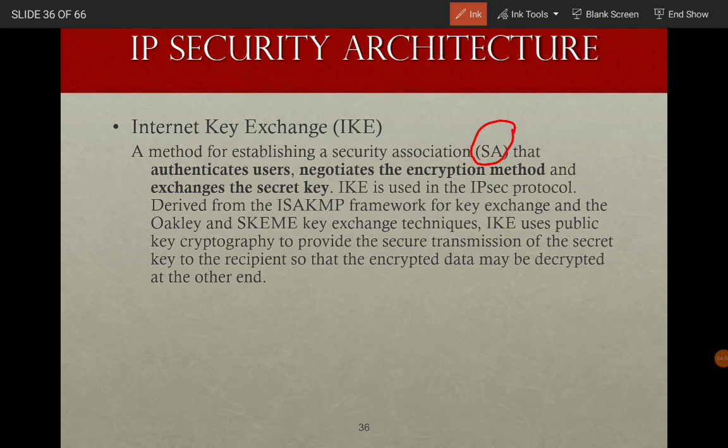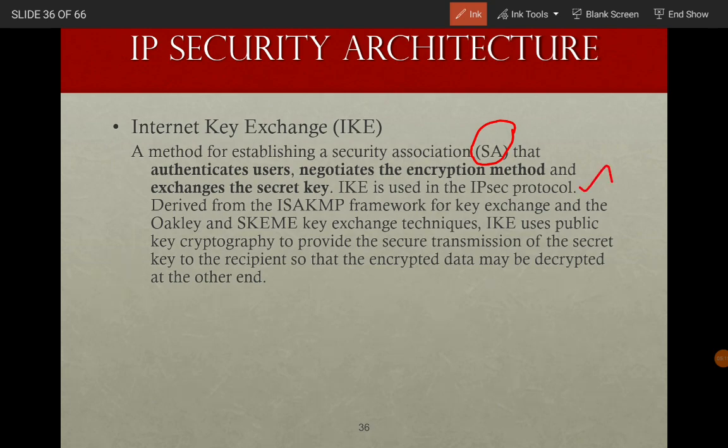That is, before exchanging the secret key, we have to establish a security association. With the help of the security association, we authenticate the users and negotiate the algorithm, because as I told, IPsec supports a variety of algorithms. So both the sender and the receiver must agree on one algorithm. They can negotiate the encryption method and exchange the secret key.